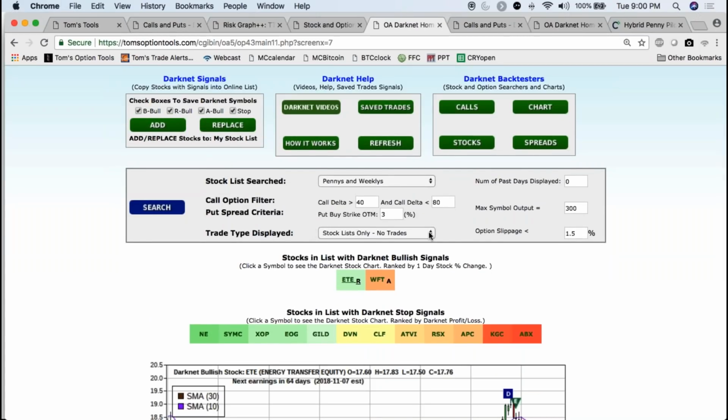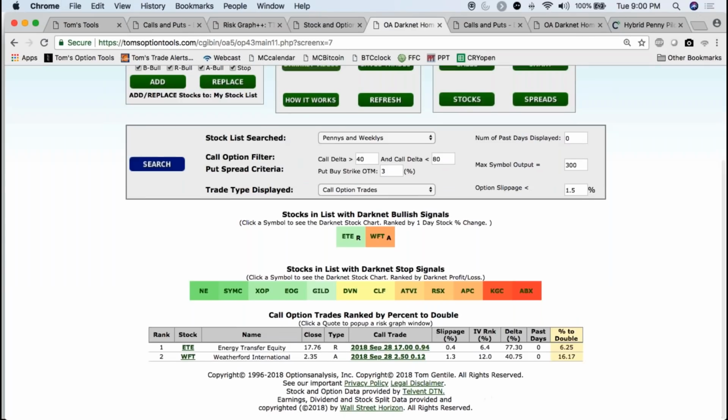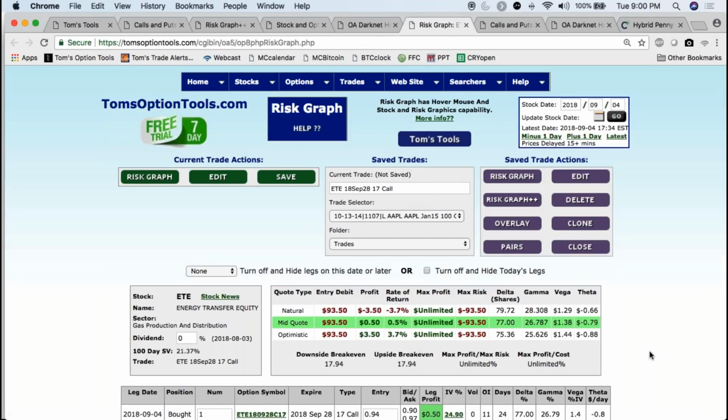So what we can do is we can take the stocks only, and let's look at call option trades. Does it give us a good call option trade? Right, it does. ETE, and we're looking at maybe the SEP 28, and this says 17 calls. I want to look at this one because again, I like to add my own little flair onto these things.